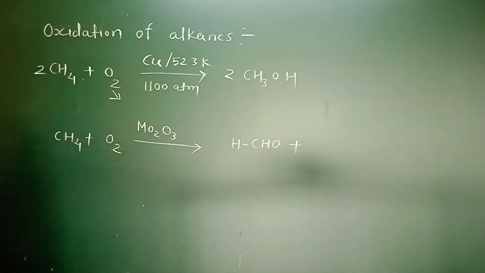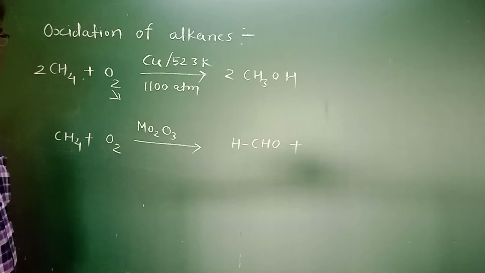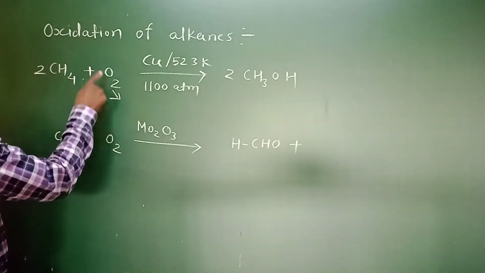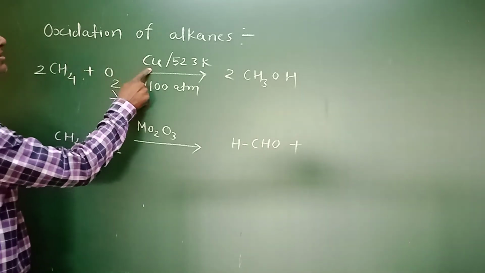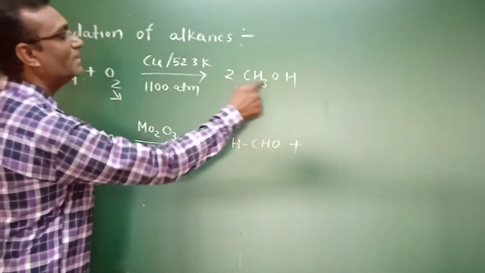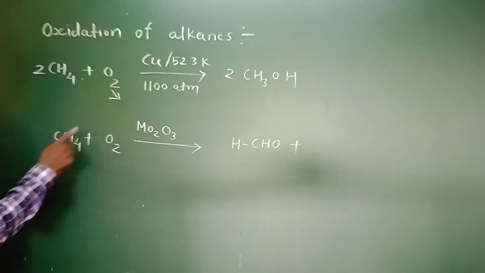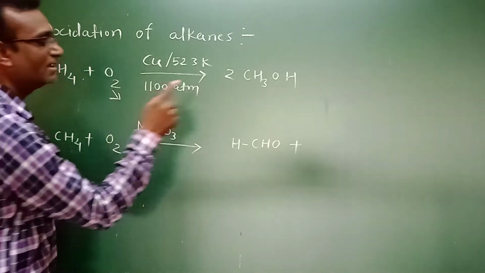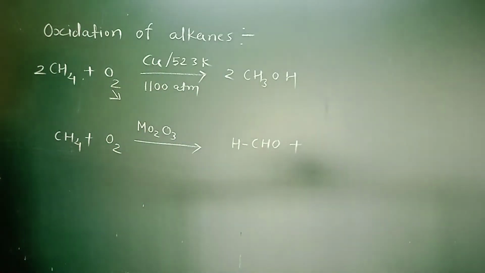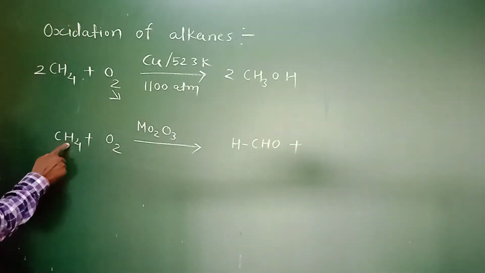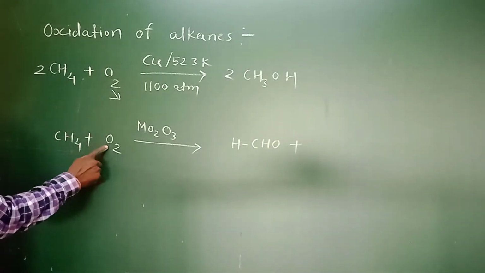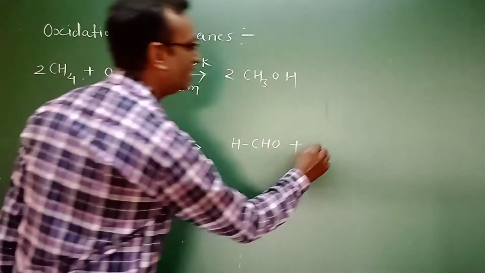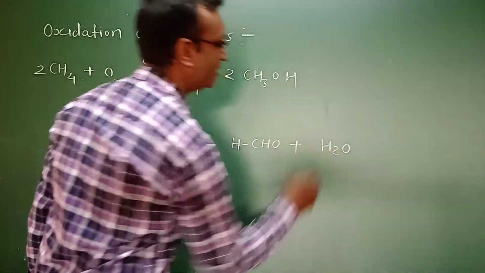Now let us balance the reaction. You can compare these reactions. Methane on oxidation in the presence of Cu and pressure gives methyl alcohol. Methane on oxidation with oxygen in the presence of molybdenum oxide gives formaldehyde. Let us balance the reaction. How many hydrogens are left? 2. And one of the oxygens is left here. It will give rise to the formation of H2O.